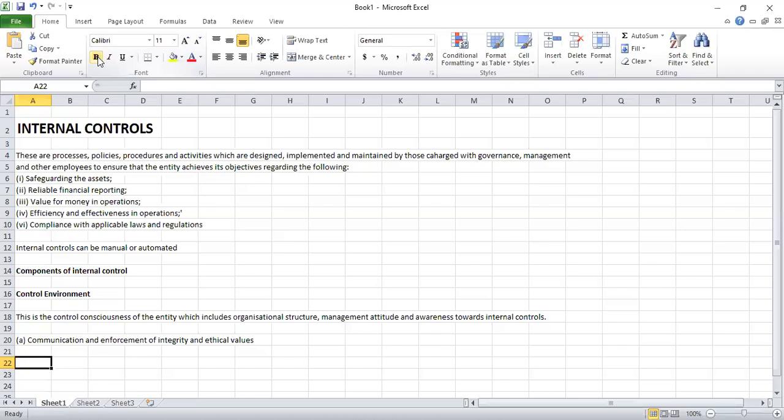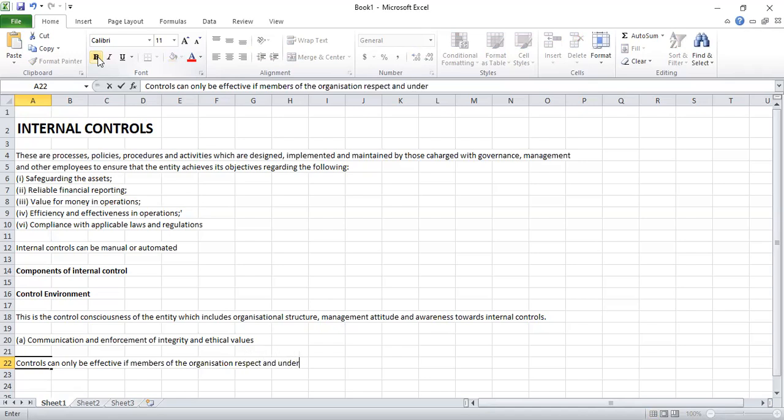Right. So we're saying controls can only be effective if members of the organization respect and understand the controls.